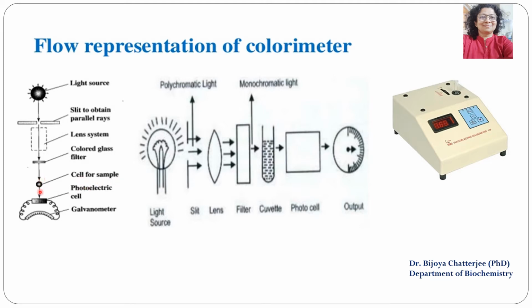And from there, whatever light is emitted will be converted by the photoelectric cell into measurements in volts, which will be converted by the galvanometer, and it will be displayed on the monitor. So this is the whole internal structure of a colorimeter as a flow diagram.